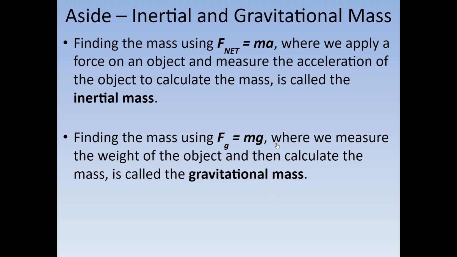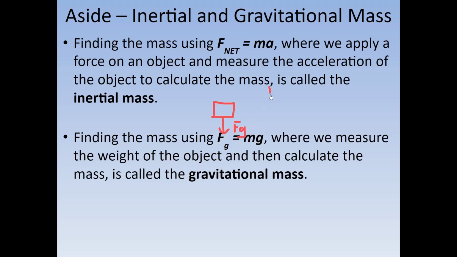Now, where does this equation come from? I think it's important to note that this equation doesn't come out of nowhere. F net equals ma came from experimentation, looking at the forces acting on an object, applying a force, measuring its acceleration, and seeing the relationship and how mass plays into it. Fg equals mg comes from the fact that if you have an object that is in free fall, the only force acting on it is the force of gravity.